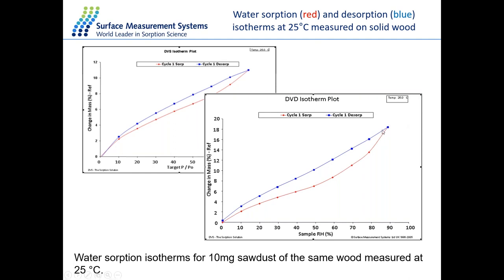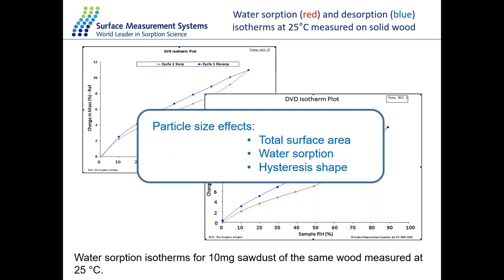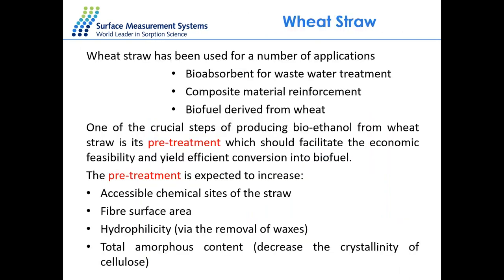You can see that now it's almost 20% mass change, the amount of water that the same sample can absorb. So this just gives you an idea of how different particle size, but also different processes, can affect the amount of water that the sample can absorb. We affected total surface area, water sorption capacity, and hysteresis shape, just by grinding the same sample to a different particle size.